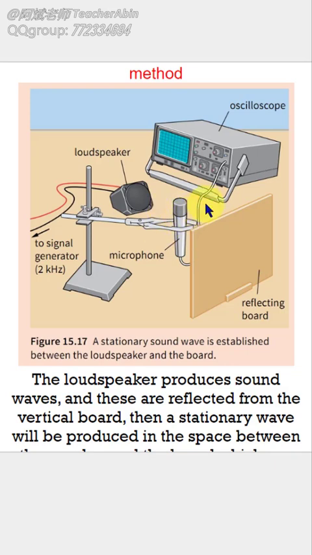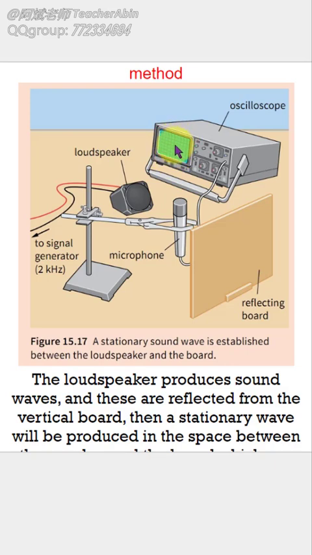And the microphone is connected to the oscilloscope, and the time base of the oscilloscope is turned off. So what we can see on the screen of the oscilloscope is just a spot moving up and down.